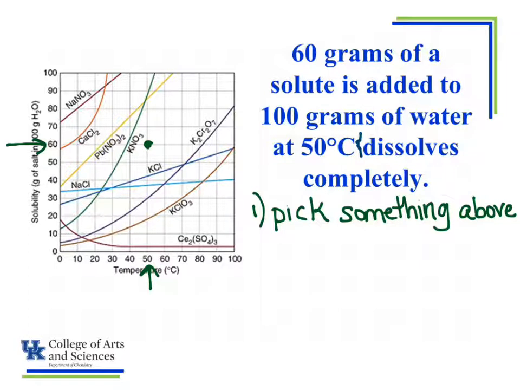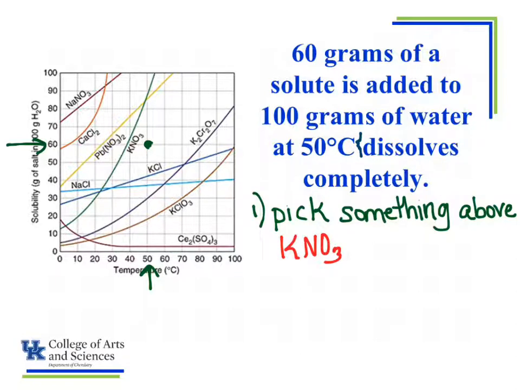Notice when I talk about above and below, I'm only talking about at that temperature. So we're going to go above 60 grams at 50 degrees, and eventually we'll look at below 60 grams at 50 degrees. Let's pick KNO3.